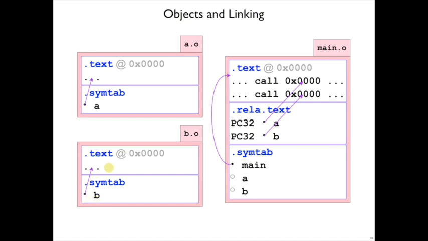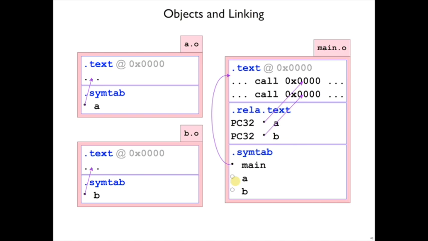There is a b, its implementation is in this text segment. And then for main.o, we have information that says we're going to call a and we're going to call b. Whatever a and b turn out to be, those addresses should be patched. And by the way, this is the main function. And then the symbol table also says there are a and b, but they're not defined here.